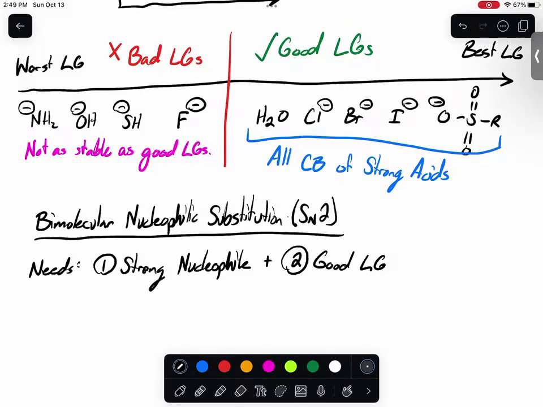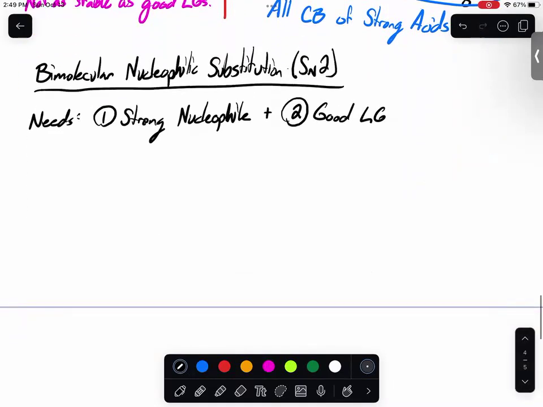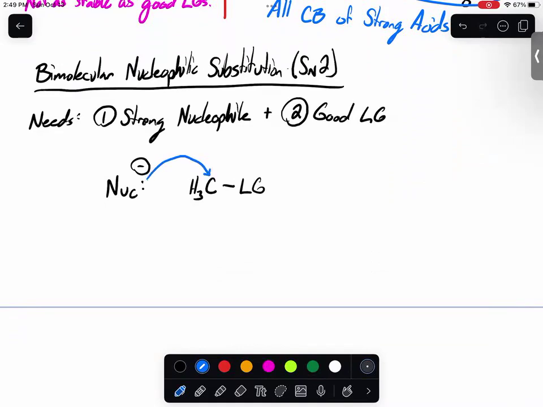Well, essentially what you do is you're going to take your nucleophile, and remember, since it's strong, it's usually going to have a negative charge. You're going to mix it with some carbon that's attached to a leaving group. And it's going to perform a substitution reaction. So the nucleophile is going to come and form a bond with the carbon, and it's going to break the bond between the carbon and the leaving group.